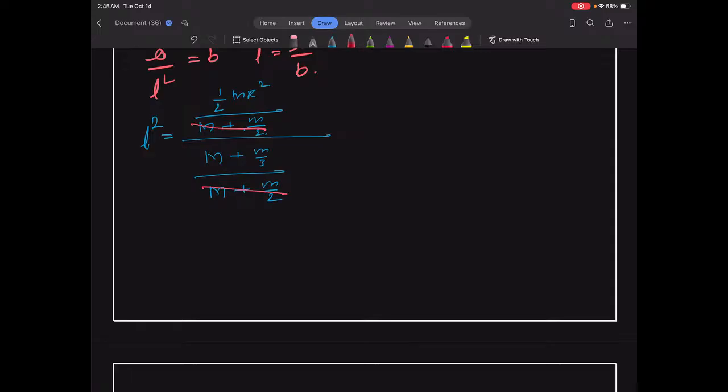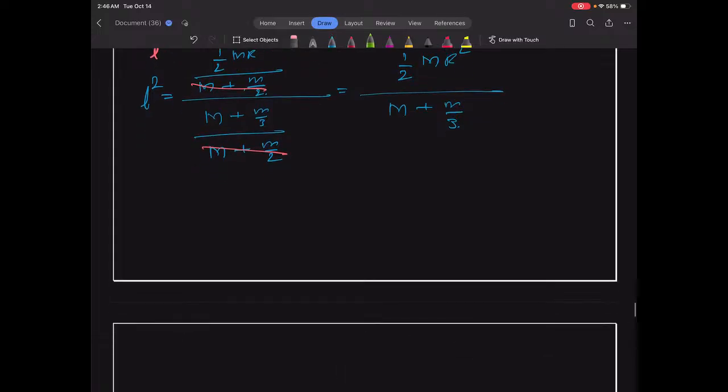The denominators cancel out, and this comes as half M R square divided by M plus small m by 3. Okay, and this is almost done.